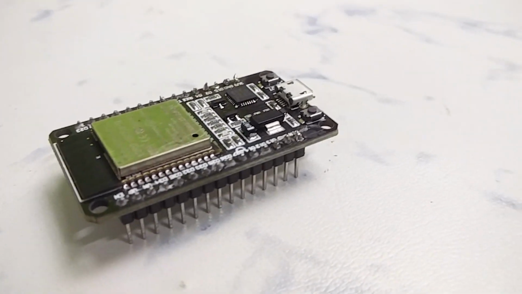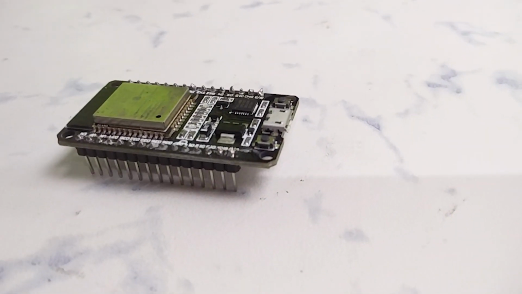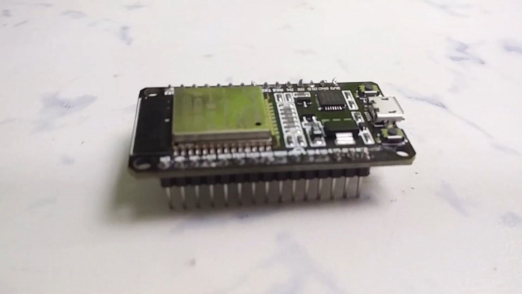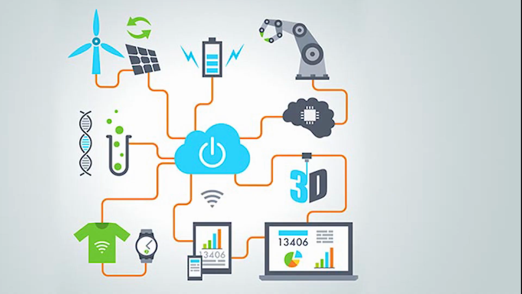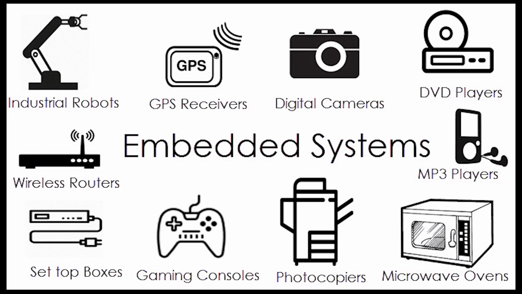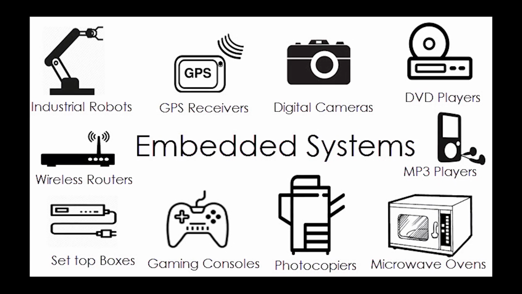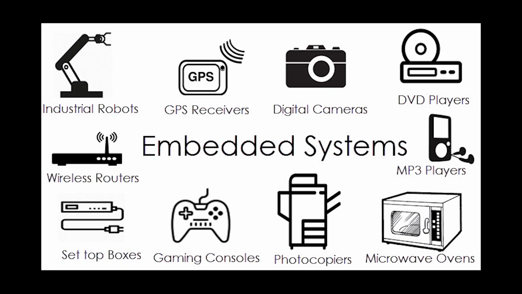But in our case, we have an internal RTC inside ESP32 which we can use in our projects. In the world of connected devices, it is not only important what happened, it is also important when it happened. Apart from IoT devices, there are various real-time systems which require precise date and time to operate.